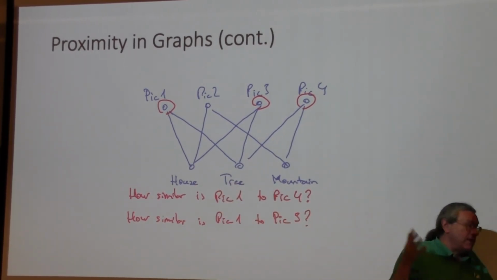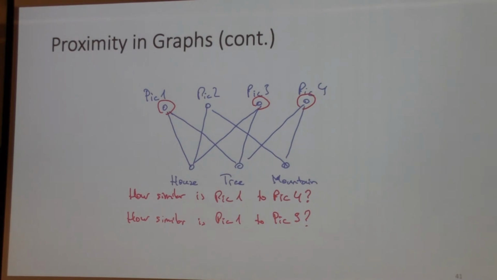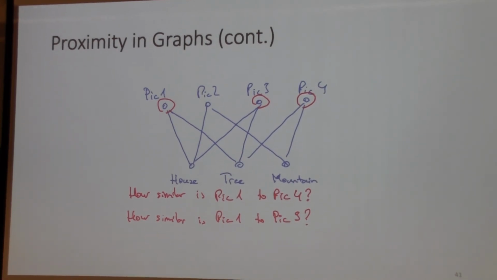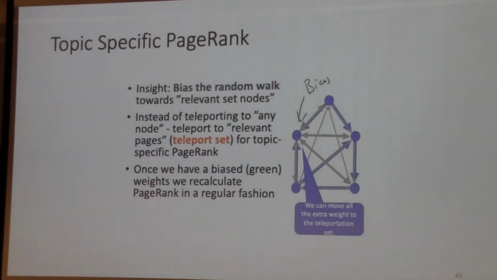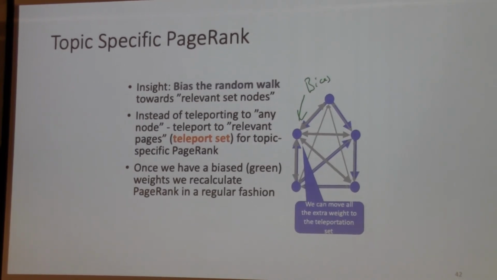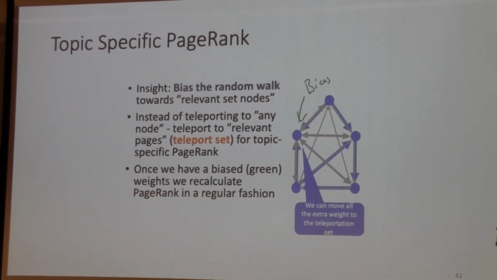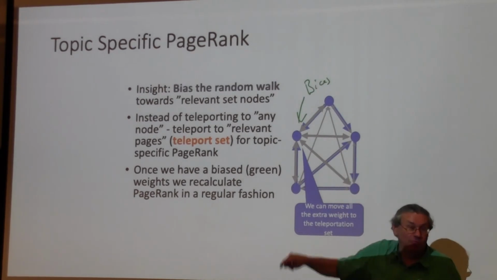So maybe 3 is closer. So we can actually use a kind of PageRank algorithm to figure out how nodes are close to each other. Again, we're going to start with a random walk.